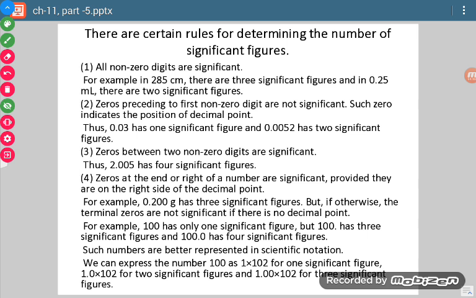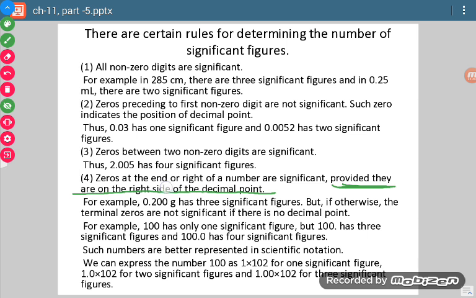Now the fourth rule: zeros at the end or right of a number are significant. Just like in the second rule, zeros to the left are non-significant if there is no non-zero digit on that side, and similarly zeros at the right or at the end of a number are significant, provided, and this condition is very important, they are on the right side of the decimal point.